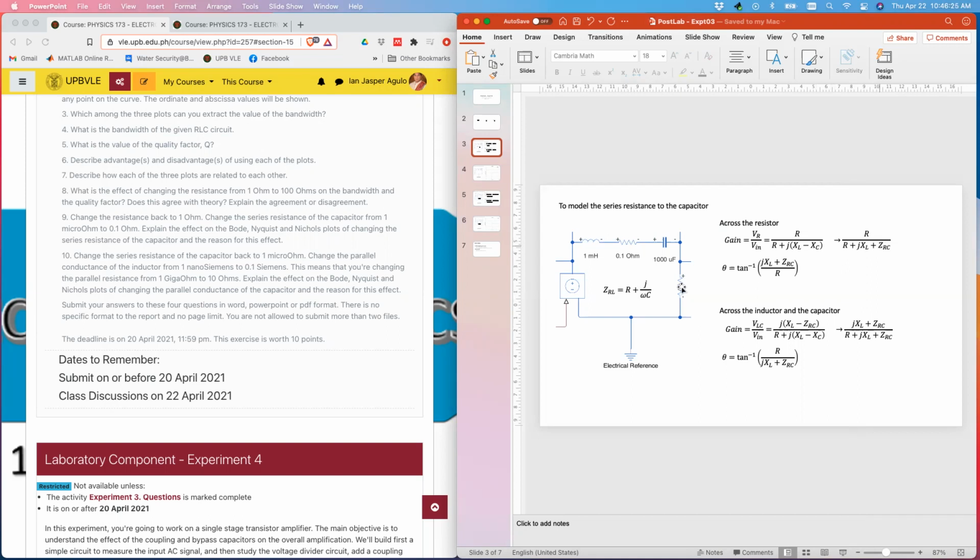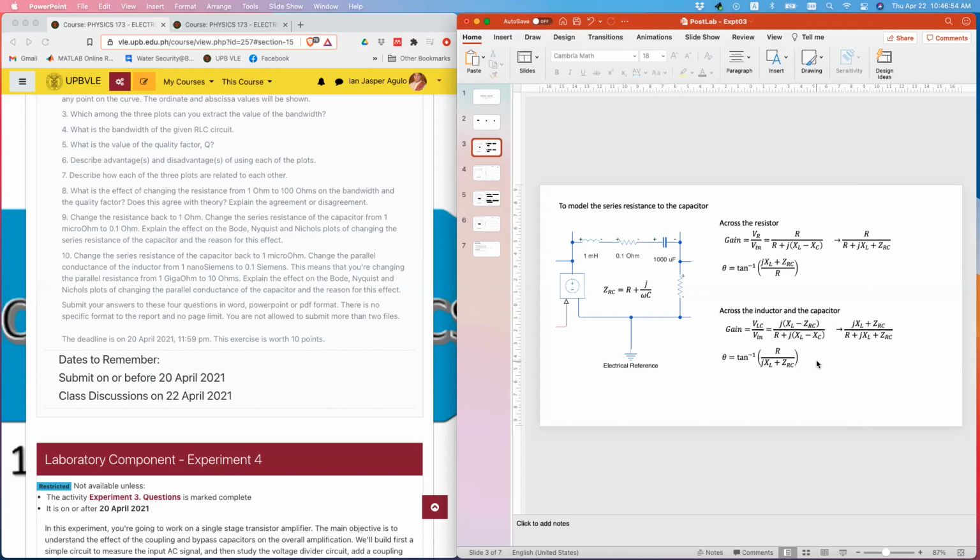So this should be ZRC. So yung ZRC is also a complex number. So this is a complex number added to a real number. And then, ganun din yung pagkuha ng phase. And if you run this in a script sa MATLAB, you should be able to get the same result.